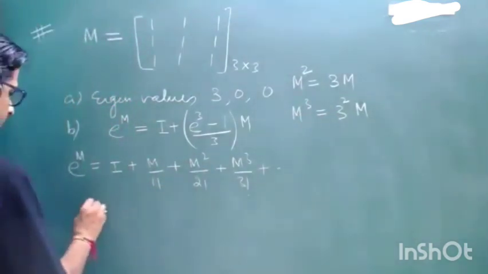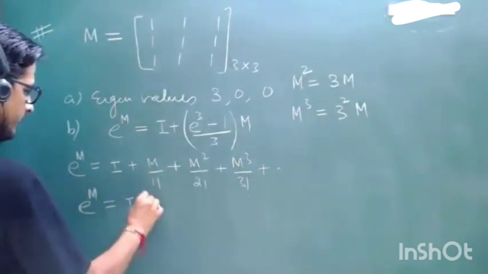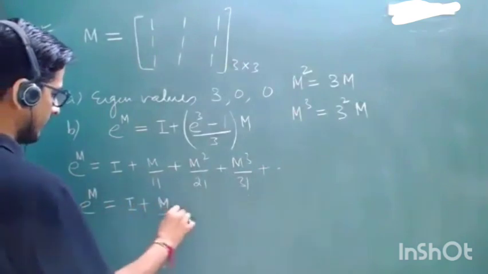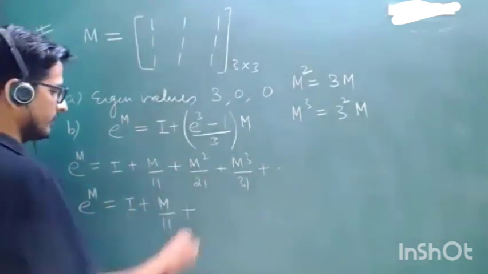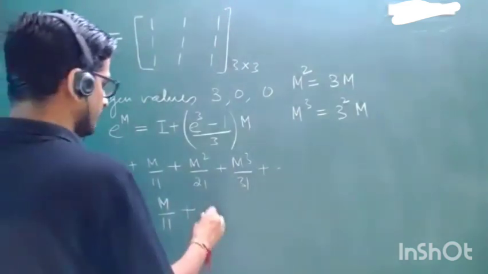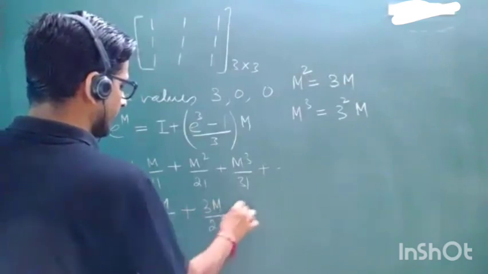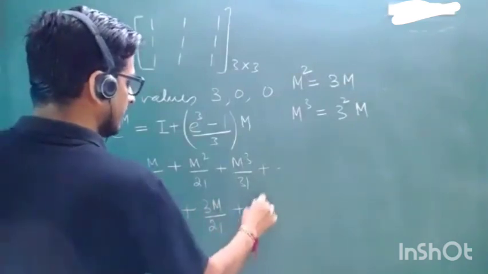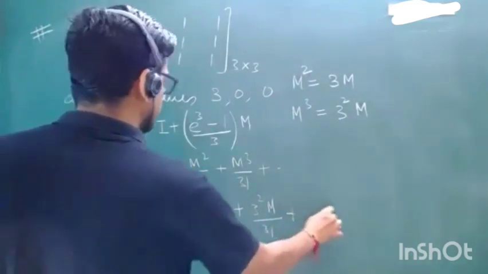So you will get e to the power m is equal to I plus m by 1 factorial plus m square, which is 3m, by 2 factorial plus 3 square m by 3 factorial plus and so on.